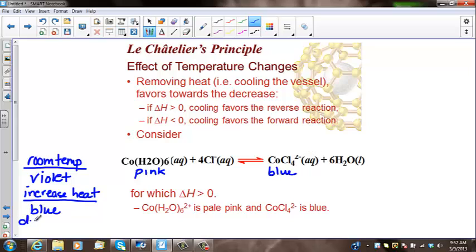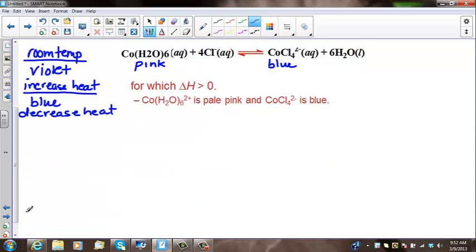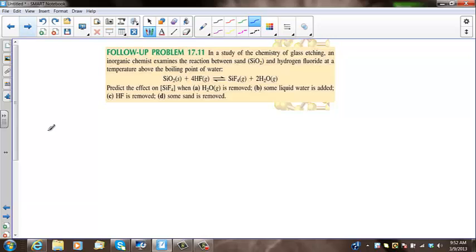If I decrease the heat and I put the test tube in a beaker of ice water, I'm going to see that it turns pink, because when I remove heat, it's going to shift toward the decrease, which is to the left, favoring the reverse reaction, which would cause the solution to turn pink.